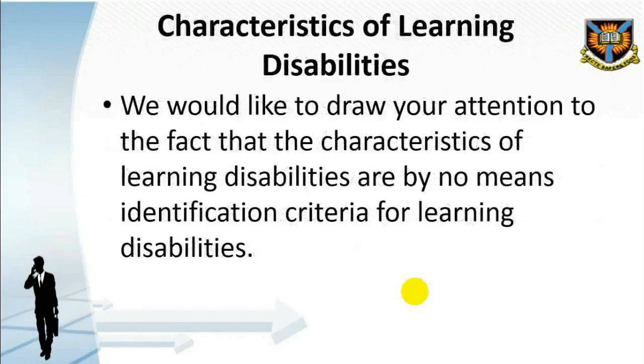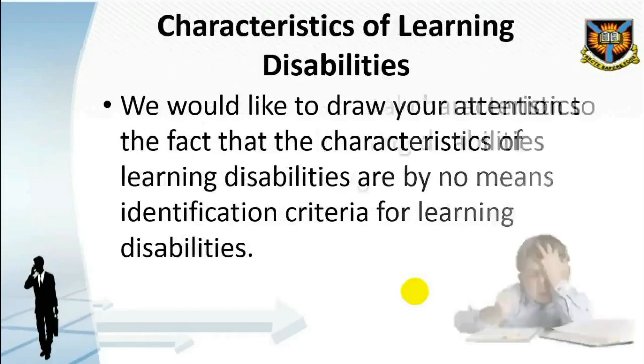Characteristics of learning disabilities. We have looked at the definition of learning disabilities. We shall now examine some basic characteristics of learning disabilities. We would like to draw your attention to the fact that the characteristics of learning disabilities are by no means identification criteria for learning disabilities.